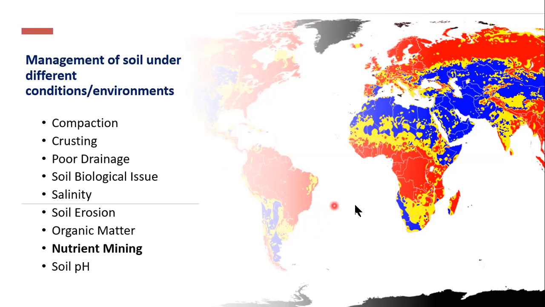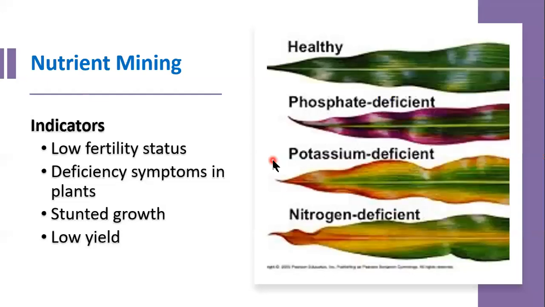So nutrient mining, you can observe on the world map that most of the soils are deficient in soil nutrients, because we are having high yielding crops without addition of much nutrients in the soil. Among the indicators, soil can be tested for nutrient analysis. Deficiency symptoms in the plants can tell us what is deficient in that soil.